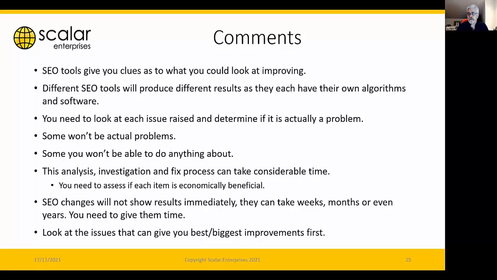It's the way the software works. As I say, you can spend hours and hours looking at every one of these little bits and fixes, but sometimes it's not economically beneficial to do. So you need to assess each one. Again, that really comes down to experience.